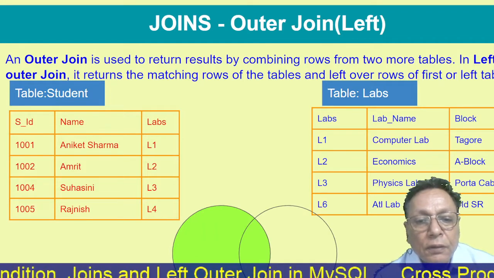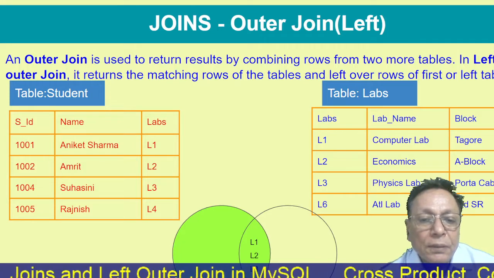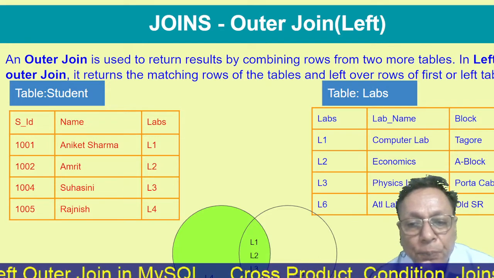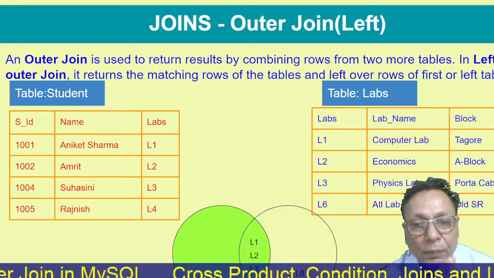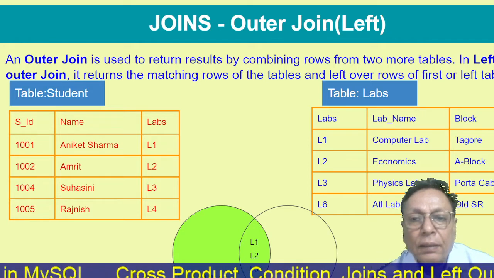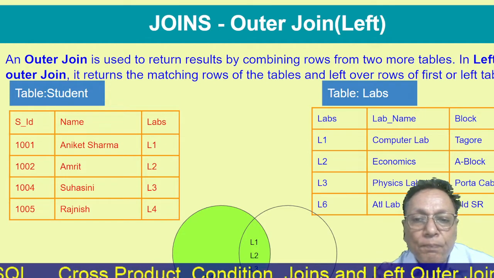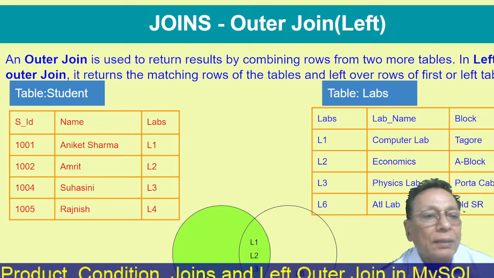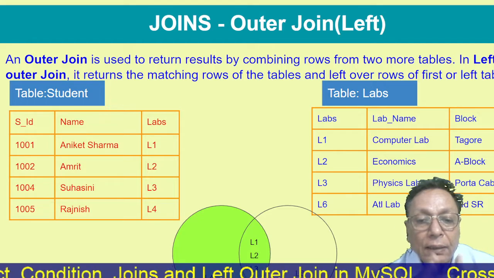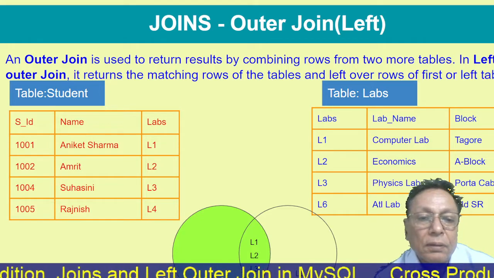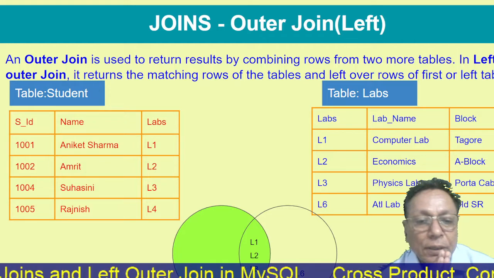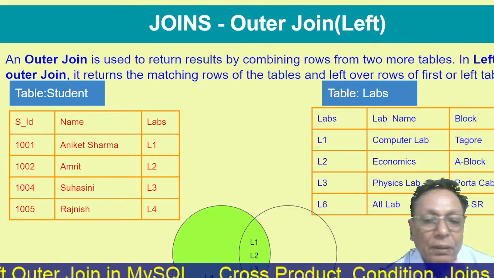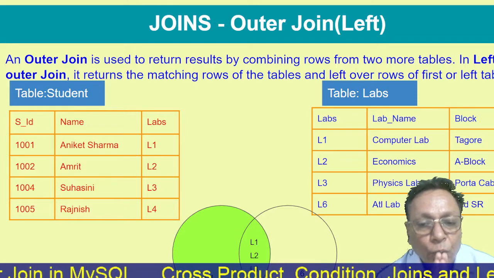Suppose we have two tables, and in these two tables, L1, L2, L3, these lab codes are common, meaning they are in the labs table, and L1, L2, L3 are also available in the student table. The code which is not available in labs is L4, and the code which is not available in the student table is L6. So what would be the result?